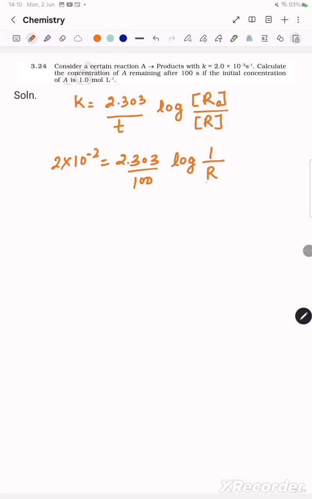Now we have to calculate the concentration of reactant at time t, or you can say at 100 seconds.